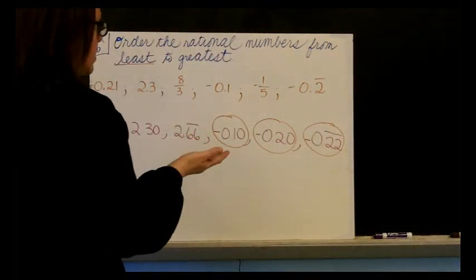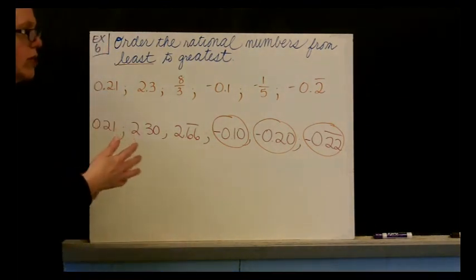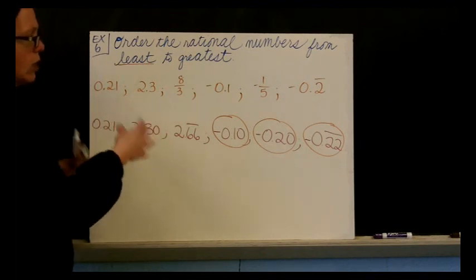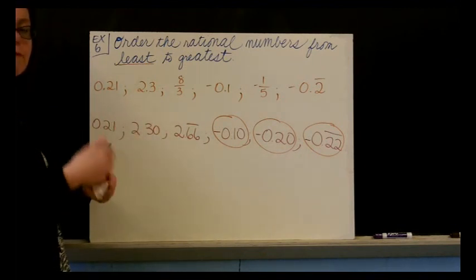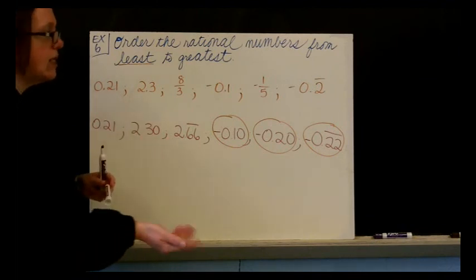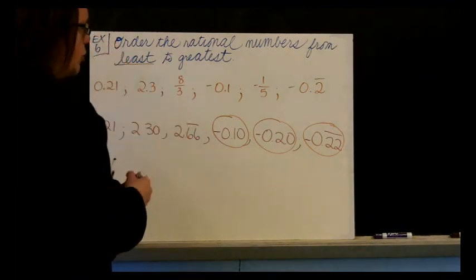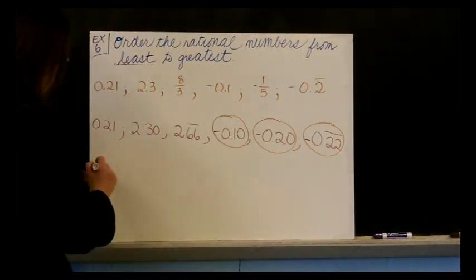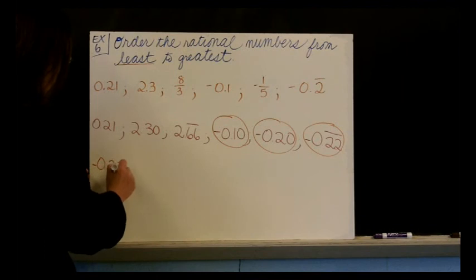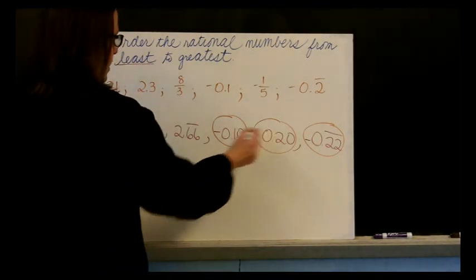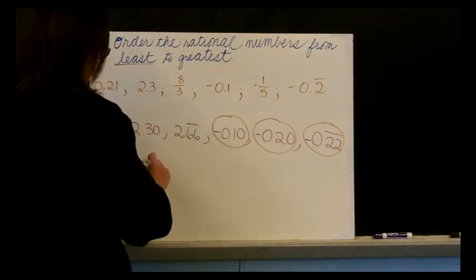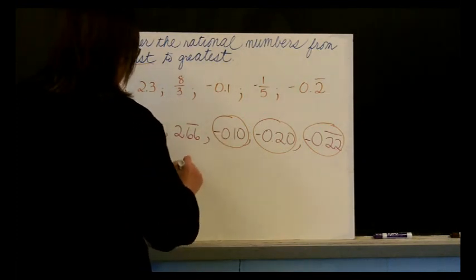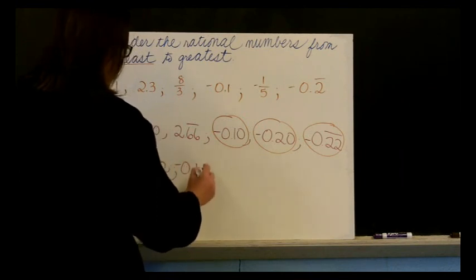Now, when we are ordering negative numbers, you remember it's almost counterintuitive that we rank the numbers by what looks bigger first, because what looks bigger when it's negative is actually a smaller number, which means that we have our negative 0.2 repeated first, followed by negative 0.2, and then our negative 0.1.